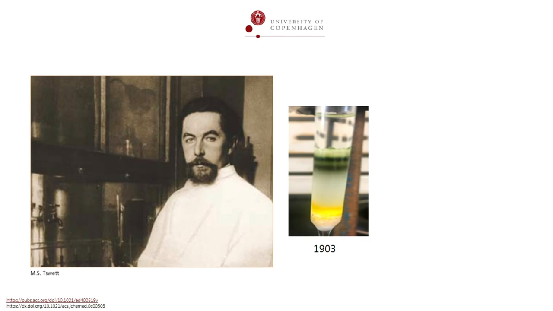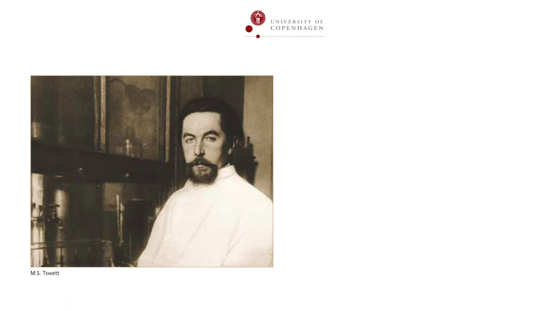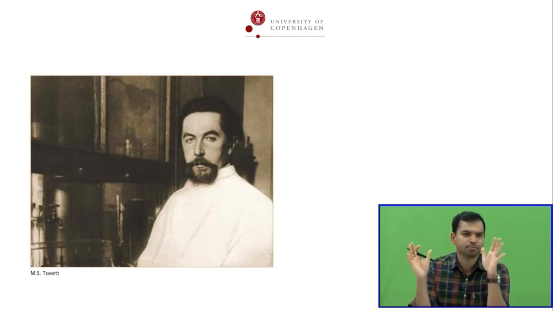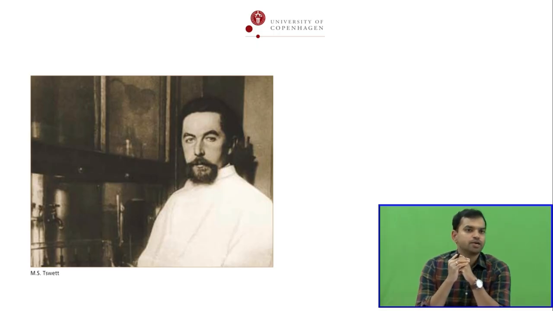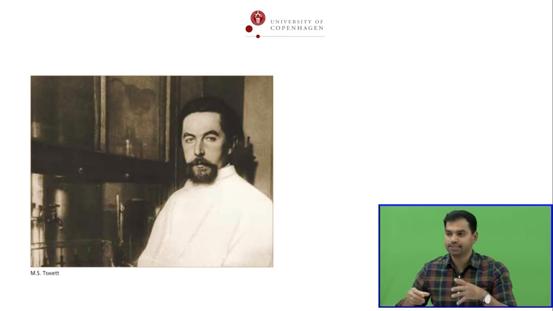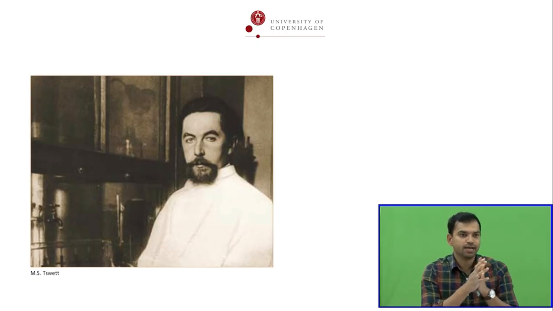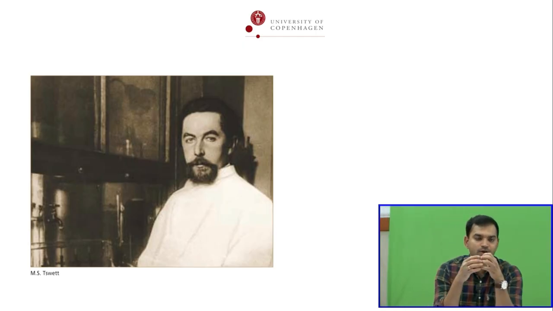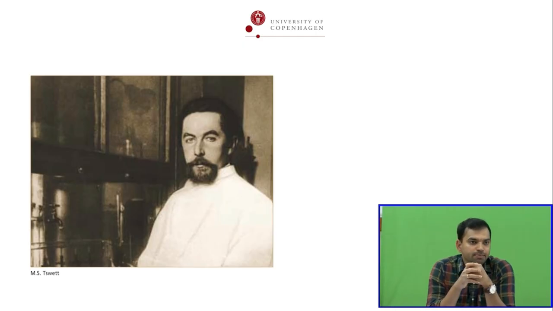Especially, there was a guy, his name is M.S. Tswett. I think he was a Russian, Italian, or Russian-Ukrainian scientist, if I'm not wrong. Around 125 years ago, he took calcium carbonate, the chalk that we write on the board, and made a column out of it.